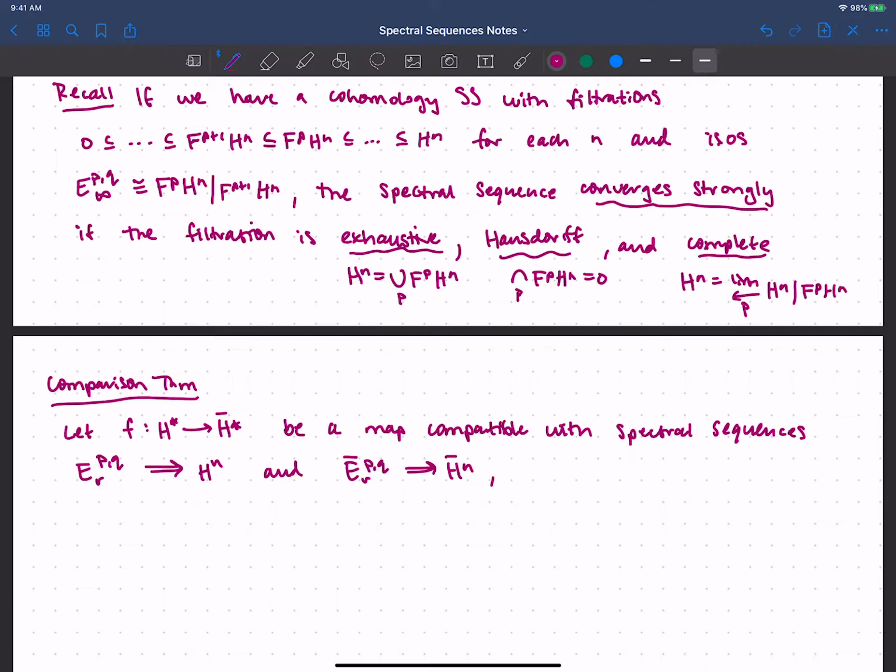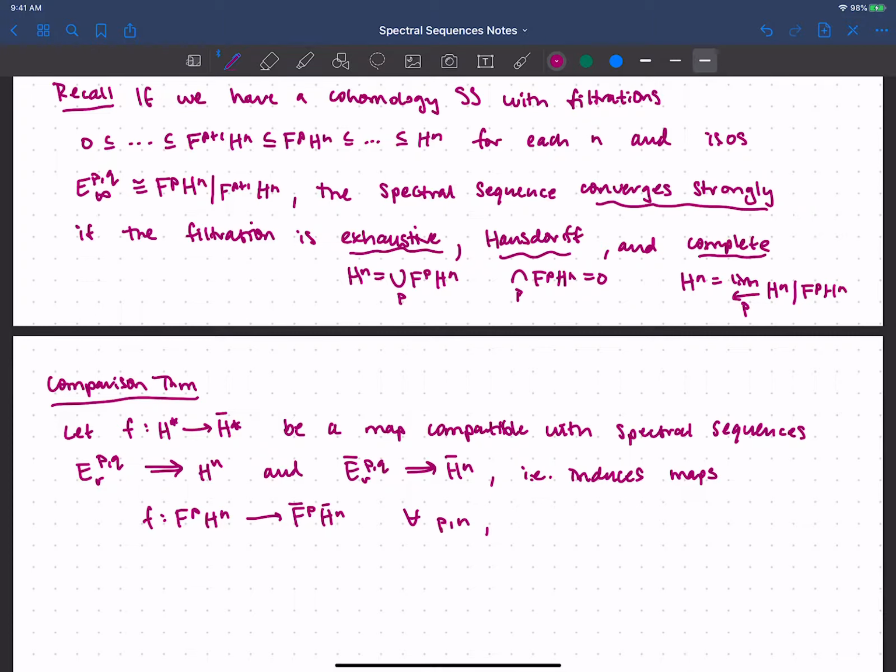And what do I mean when I say that this is compatible? Well, I really just mean this induces maps, so it respects the filtration in particular. I'll still call these maps F, but they should probably have different names. I just mean induced by F. So let's call that F bar^p H bar^n. Okay, so this respects the filtration, so I've got these for all p and n.